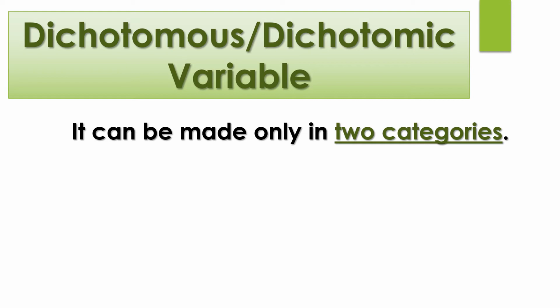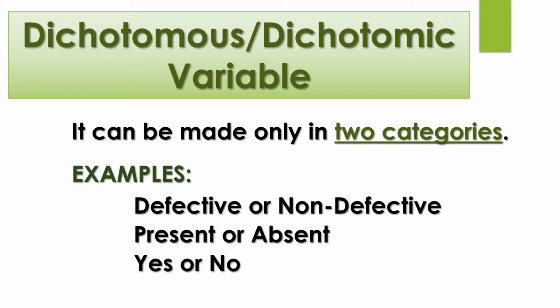Examples are defective or non-defective, present or absent, yes or no. These are categories or qualitative variables answerable by only two categories: yes or no, present or absent, defective and non-defective. That's all it is.